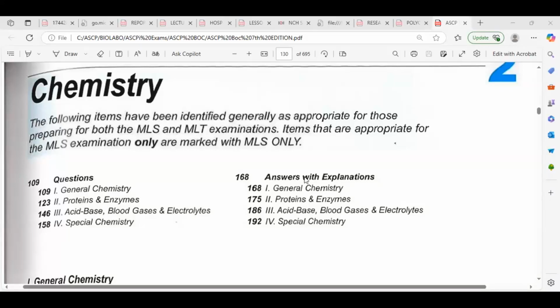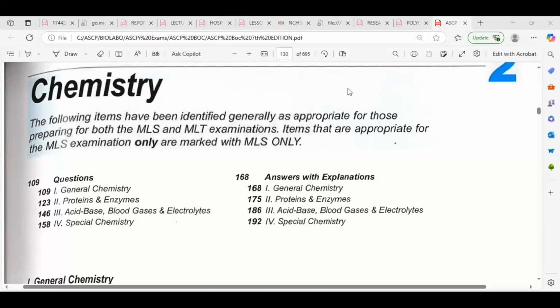But of course, mostly those who want to apply for MLS, those with a bachelor's degree, will be able to do these questions that are written as MLS only. But this is only here. When it is a real exam, of course, you cannot see such a thing as MLS or MLT. So you just see a question wherever it is coming from, and you have to answer it.